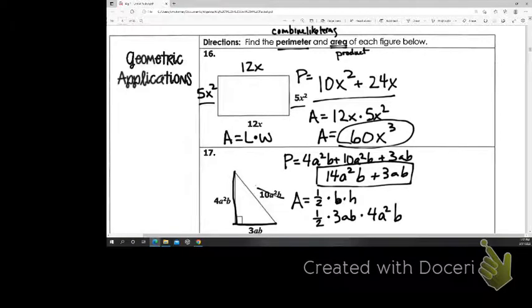Half of 4 is 2. 2 times 3 makes that 6. And then it's multiplying, so add your exponents, a to the third and b to the second. Or you could multiply the two things together and then divide it by 2. But it's only the number that's getting divided by 2, not the exponents.